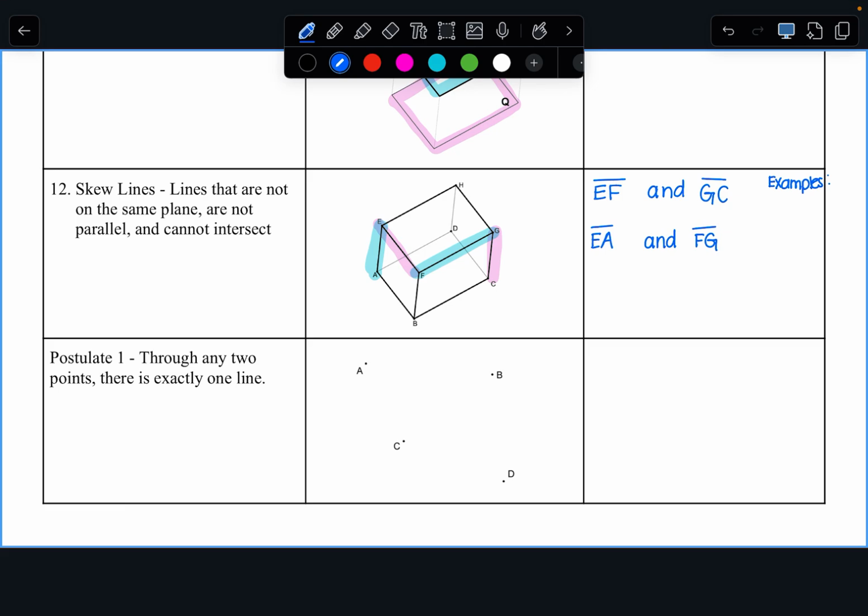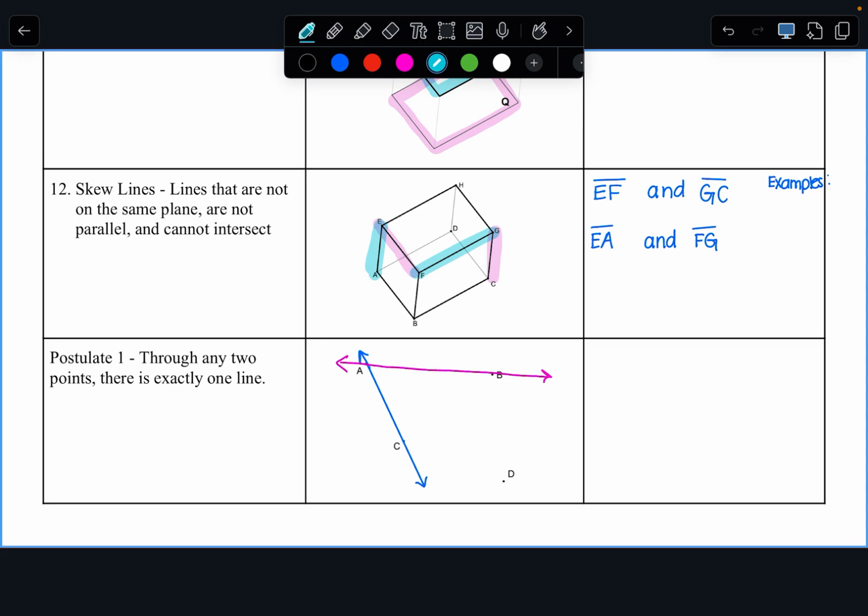Through any 2 points, there is exactly one line. So if we're trying to create a line between A and C, there's only one line that connects those. Same thing between A and B. There is only one line that connects those.